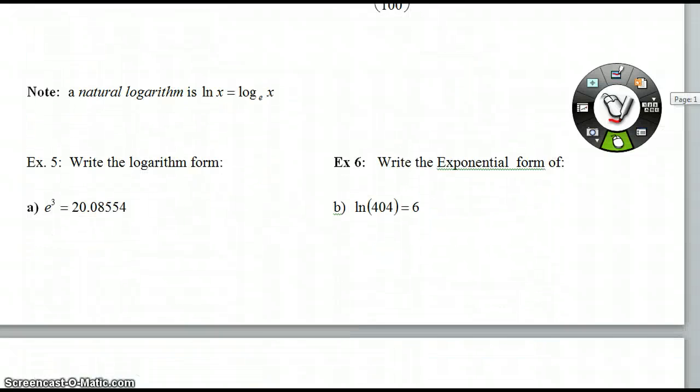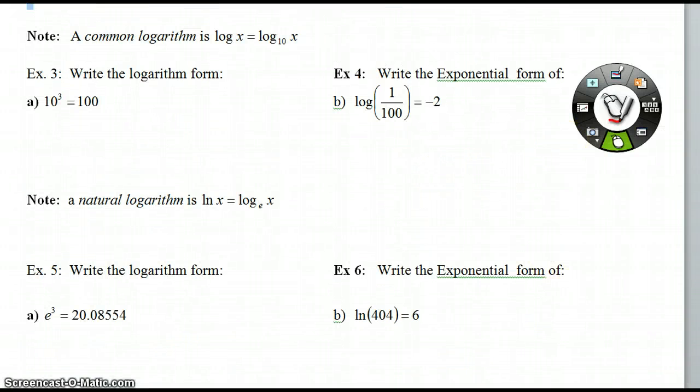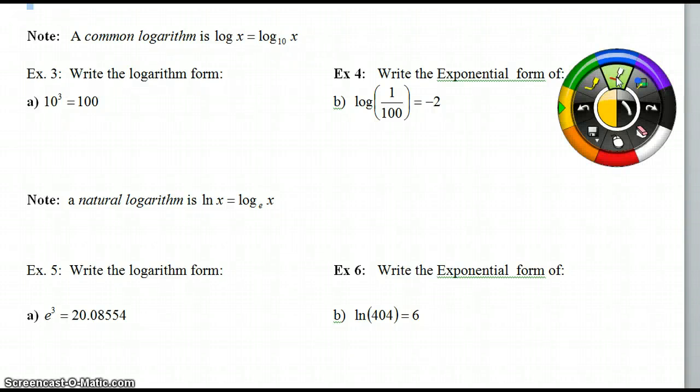So if we have a base of 10, it's customary to leave that 10 off. So if you see just a log, what you have to know is the base is there, but it equals 10. So let's take a look at 4b first.